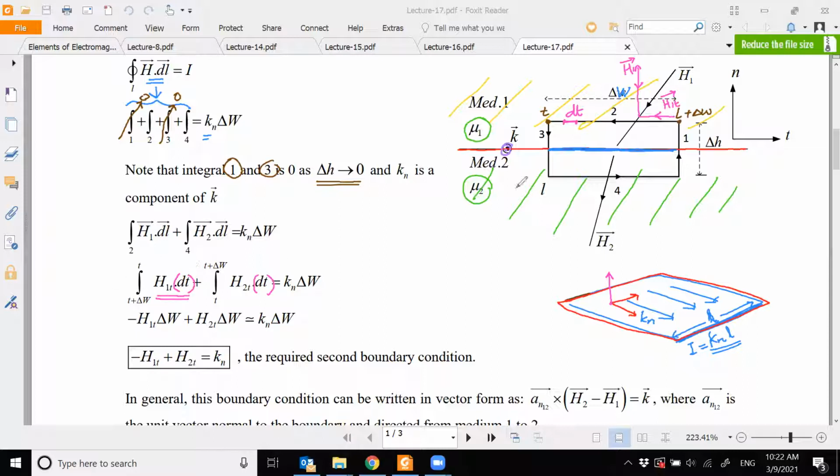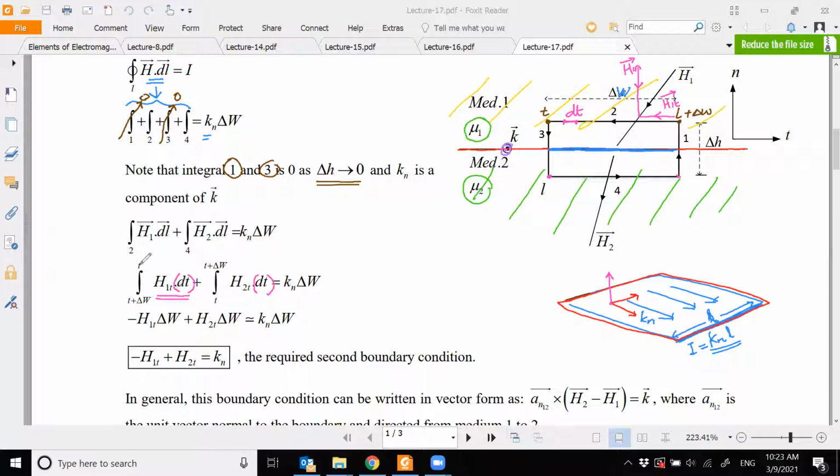So this is the first one. And for the fourth, it is from here to here. So that is again from T to T plus W, H2 T dt is equal to Kn delta W. And here, if you remember, I am taking into consideration the direction in the limits of my integral.